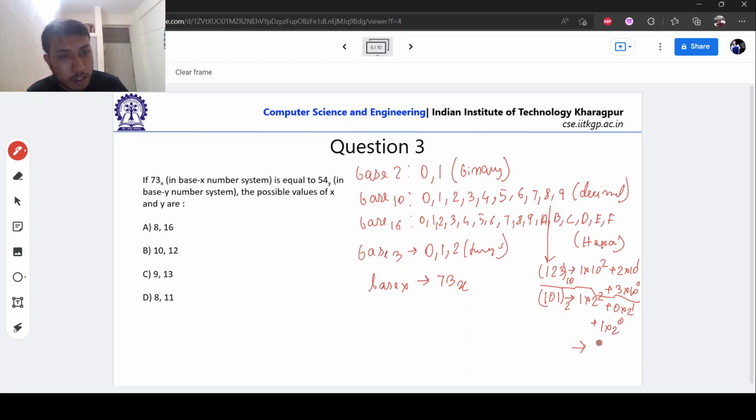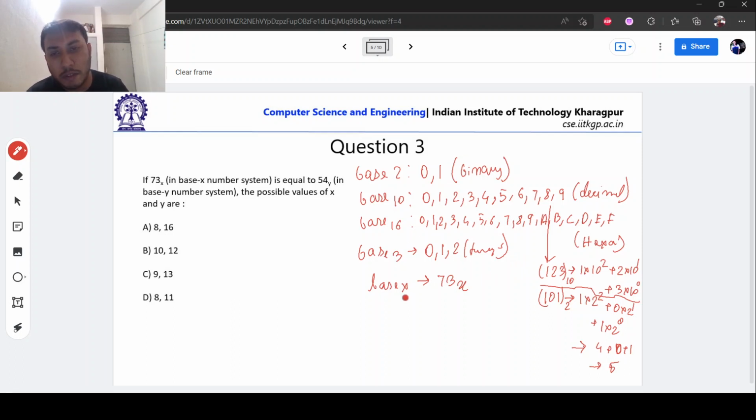So it's basically 4 plus 0 plus 1, which is 5. This is how the base system works, and what a base is.